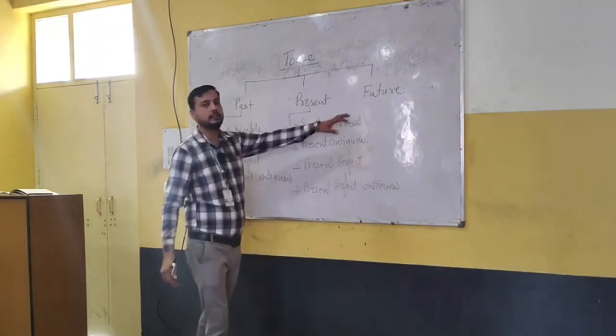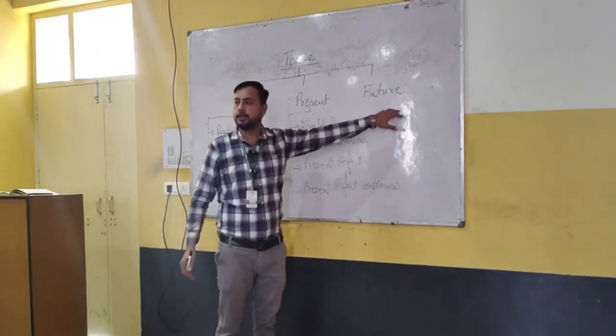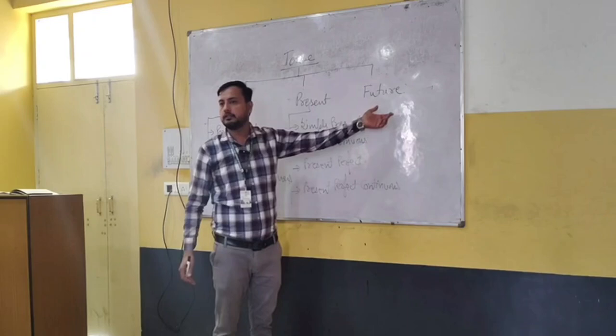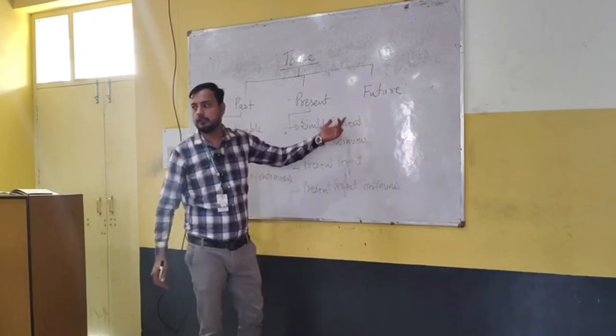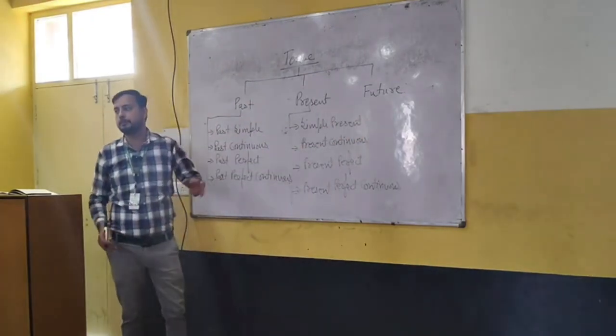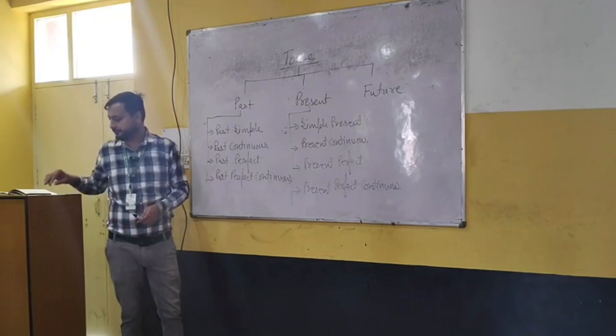And the same types of the future. Clear? Simple future, future continuous, future perfect and future perfect continuous. Clear?